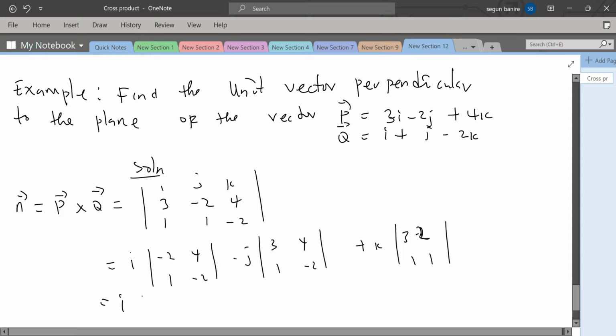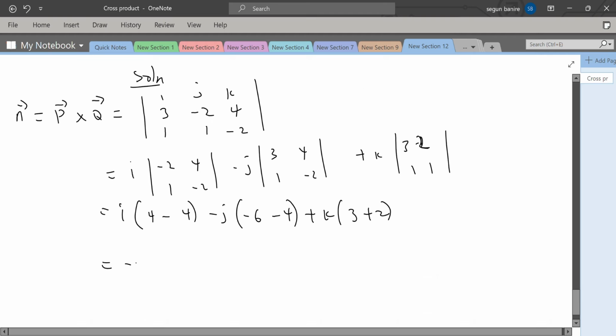So what will this give you? This is 4 minus 4, which is 0, so everything is gone. Minus j will be minus 6 minus 4, plus k will be 3 plus 2. So at the end we get minus 11j plus 5k. So that is our N.